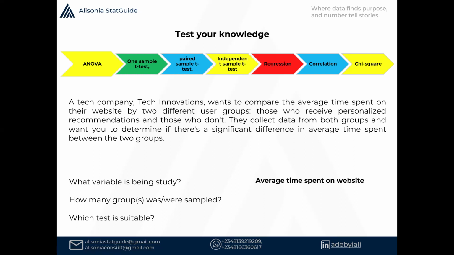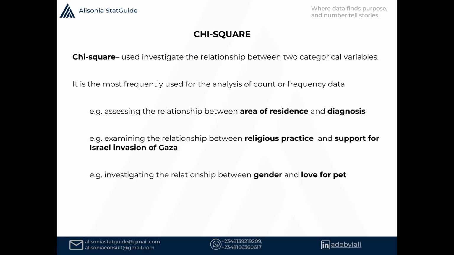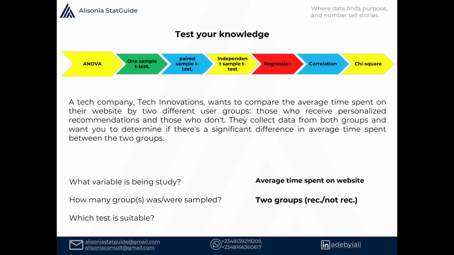The average time spent on the website is the variable being studied. That's the variable you want to study, if you read the scenario. The groups being sampled, how many? Two groups. Either they receive recommendation or they did not receive recommendation. And there are two different groups. Look at it, two different user groups.